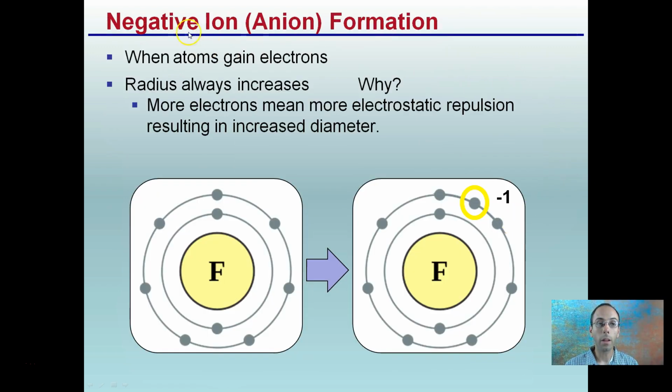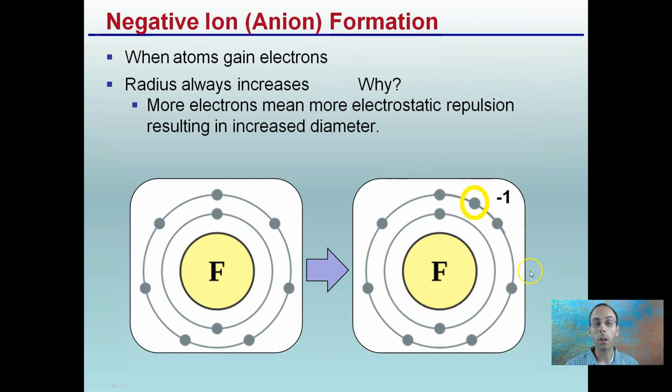Continuing on, we have a negative ion or an anion formation. When atoms gain electrons, the radius always increases, which is sometimes contrary. And like, well, why does this occur? More electrons mean more electrostatic repulsion, resulting in an increase in the diameter here. So we have more negative charges out here, is a -1. More electrons out there. Think of just more space that they need.